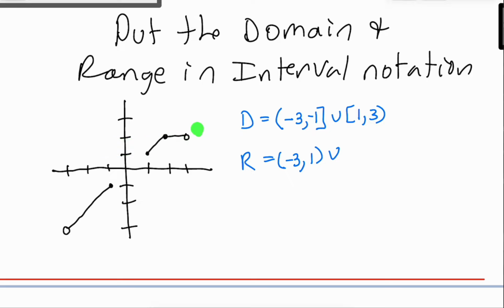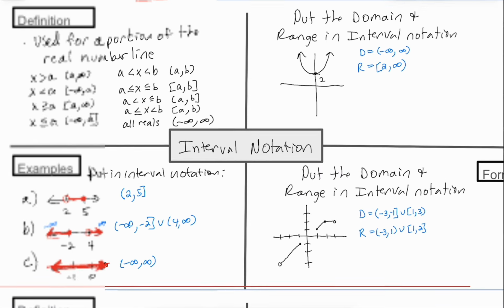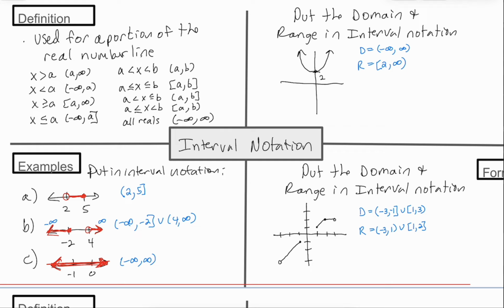It doesn't matter if this one is open as long as somewhere else it's closed, which it is. So our range at that section goes from 1 to 2. So that's a little bit about interval notation.